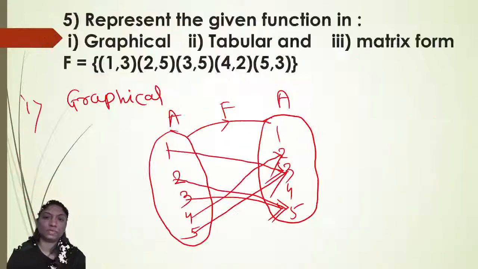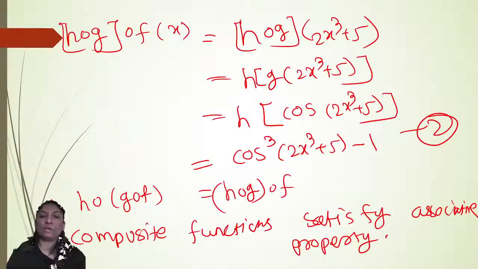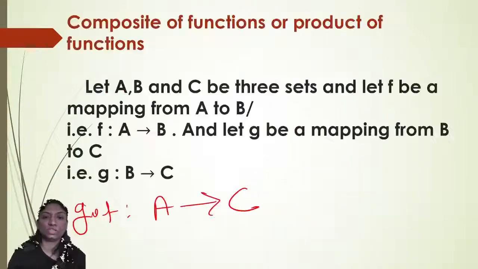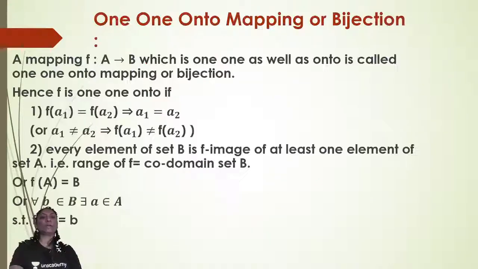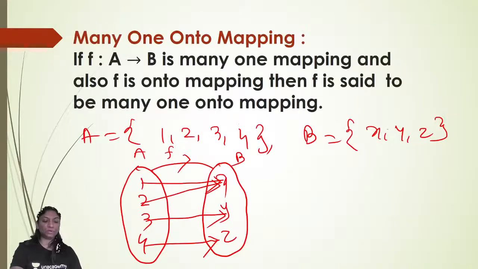So I hope you are getting it clear how to find out the function and different types of functions, definition of a function, whether it is a function or not. Okay, everything will be clear to you here.